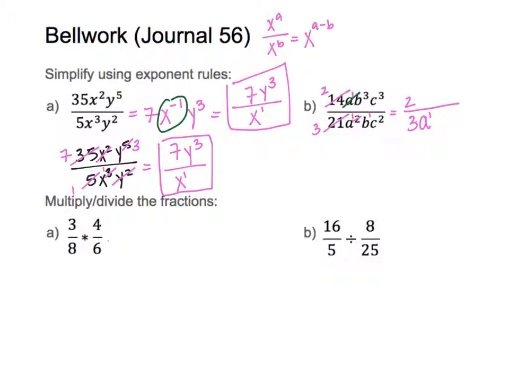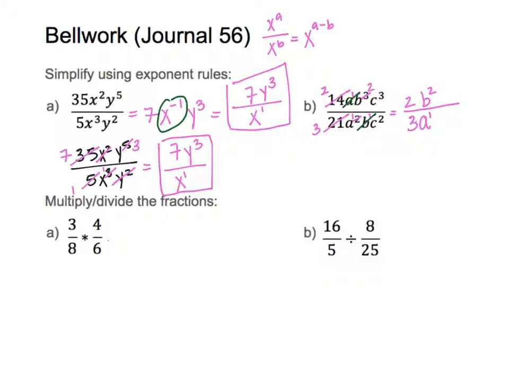So b to the first power is smaller, so I'm going to cancel that out. And then in the numerator, I'm going to subtract 1 from this 3. So 3 minus 1 gives me 2. So I have b to the second power in the numerator, because this b is in the numerator. Just like before, this a was in the denominator, so I'm going to put it in the denominator.